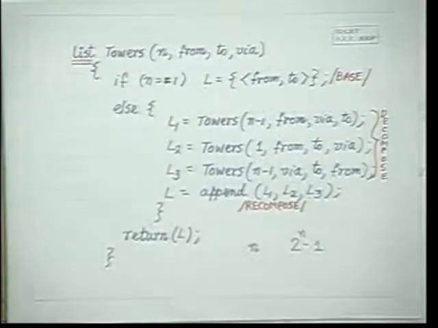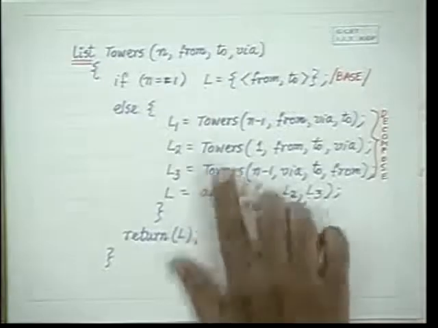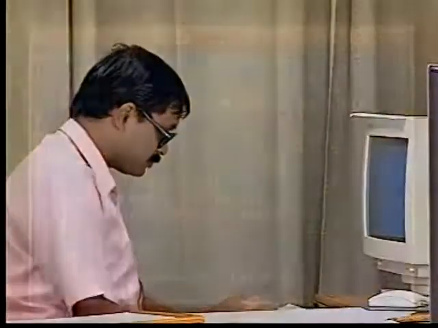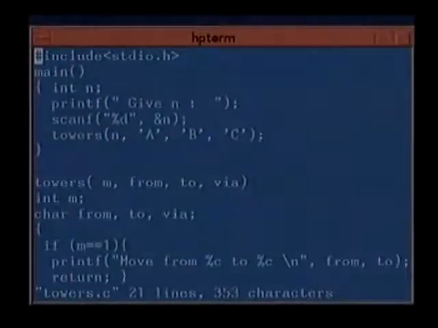But now, whatever knowledge we have at our disposal, we'll just use it to write a program which works. So let's see how that program will look. The main program is here.